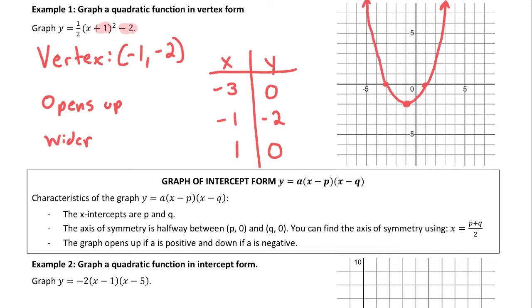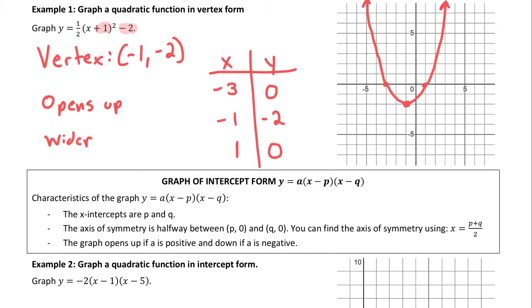So the main thing for us to do is to choose values around our vertex and substitute them into the function and get out outputs. You can pick any points you want, provided they're on the graph, but I pick values that are near my vertex. Okay, so that's vertex form. Finding the vertex, the point is literally there in the function. You just have to pick two other points to plot to get your graph.